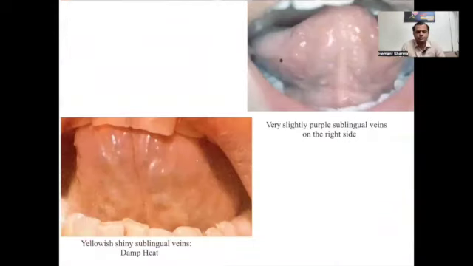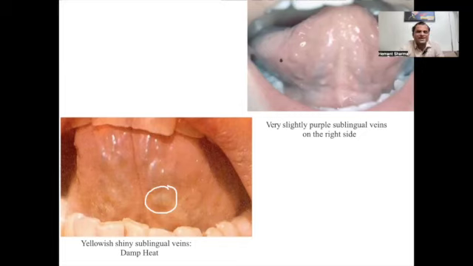Let's see this image. Now in the first image, we can see the sublingual vein is yellow in color. Yellow is the color of heat, right?